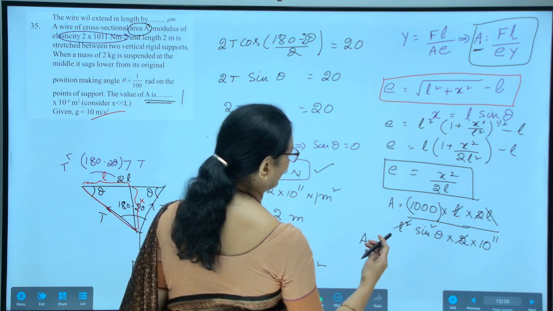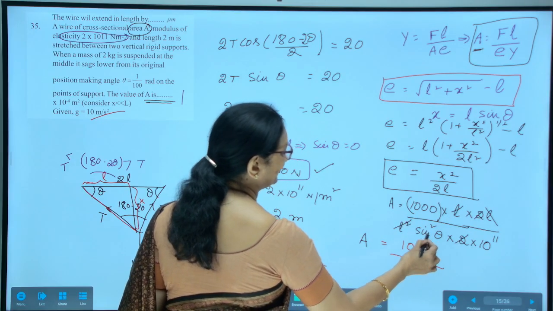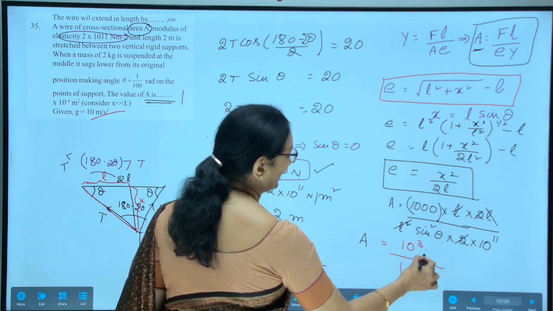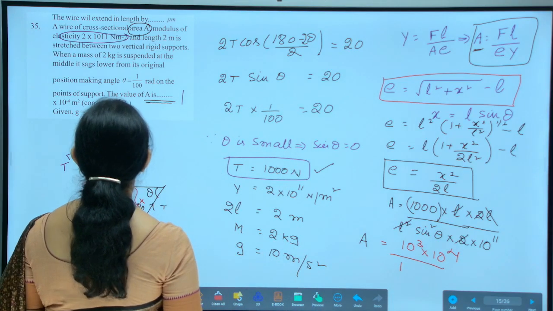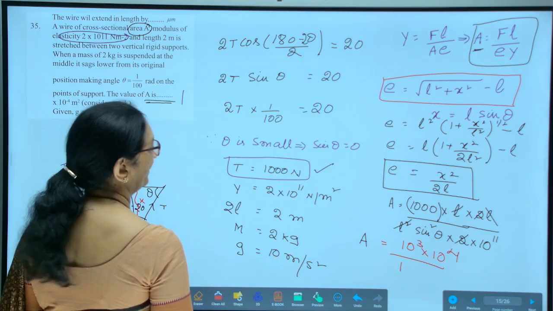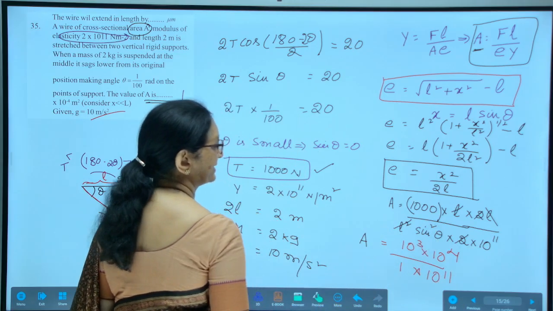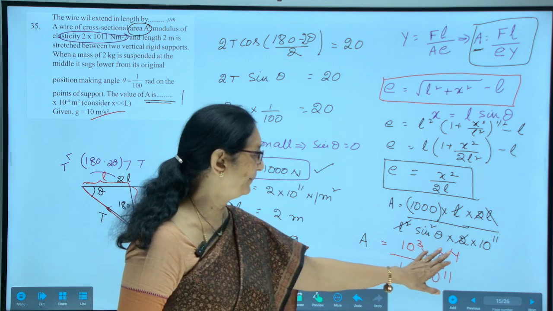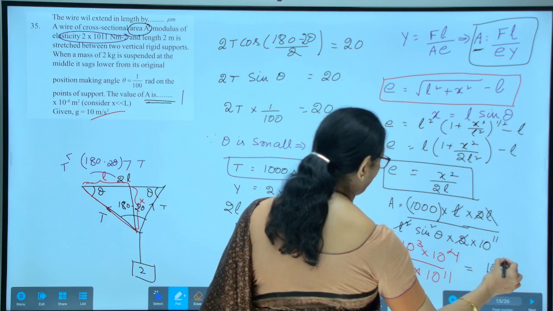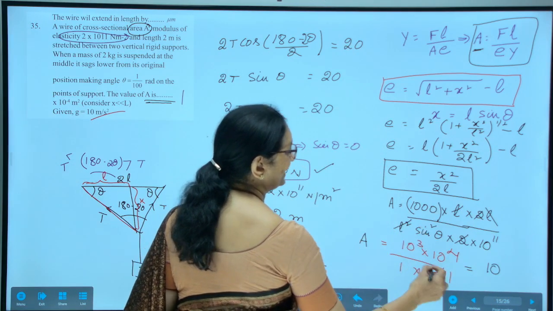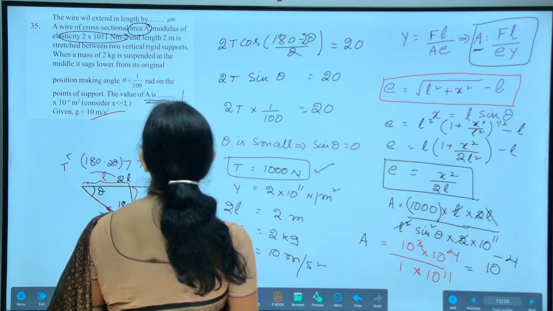So, A is equal to 10 to the power of 3 by sin square theta, where theta is 1 by 100, whole square, that is 10 to the power of 4, right? So, 10 to the power of 4 divided by 10 to the power of 11. If this goes to the numerator, it is 10 to the power of 7 by 10 to the power of 11, it is 10 to the power of minus 4 meter square.